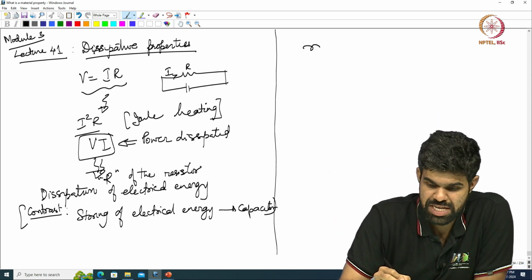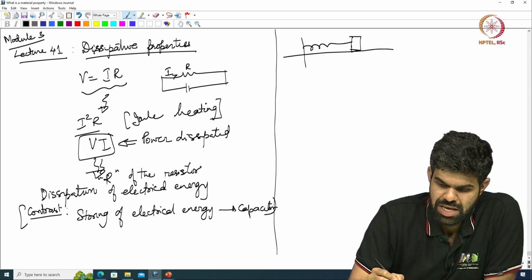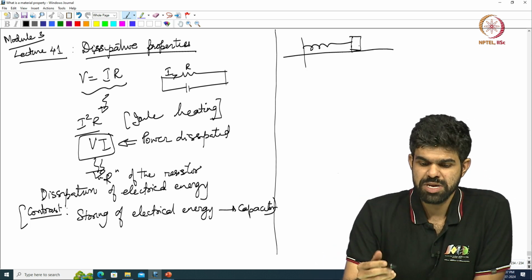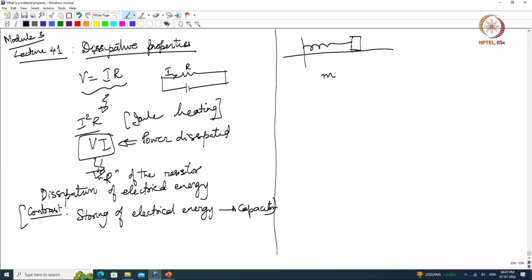So, I have a spring mass system, let us go back to our spring mass system, right. If I apply a force on the spring mass system, or if I pull the spring mass system, there is a restoring force that goes as minus kx, that is okay, right. But there is also a dissipative force which goes as minus Cv. Okay. So, this is what is called a damped spring mass system.